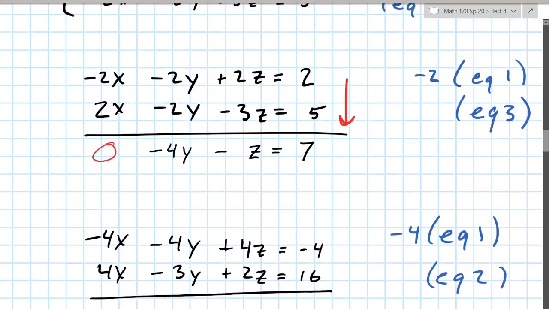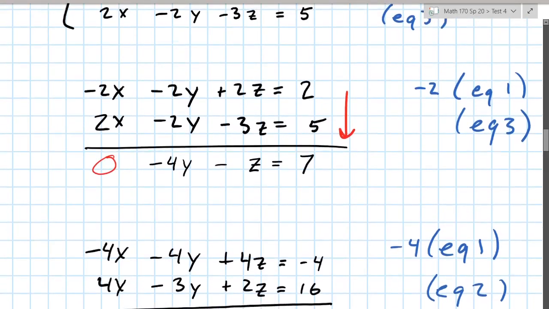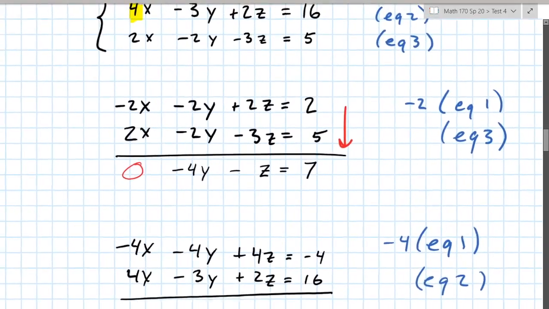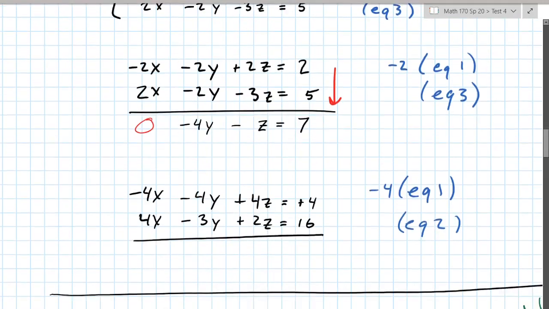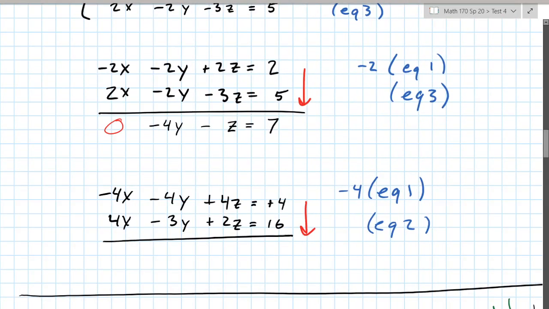Taking it and multiplying by a -4 gives us -4x minus 4y plus 4z plus 4 is equal to +4. So now, adding these two together, the x's cancel out, which is what we want. And now we have minus 7y plus 6z is equal to 20.